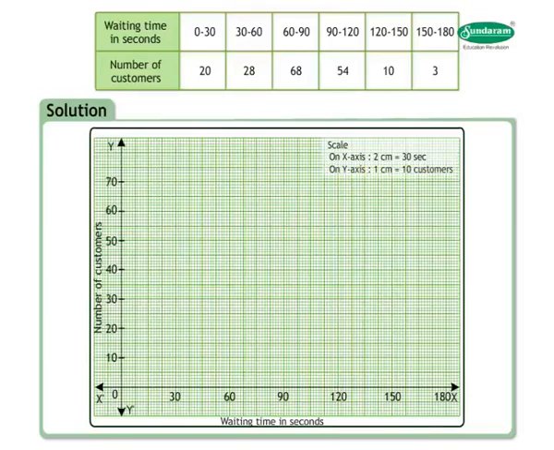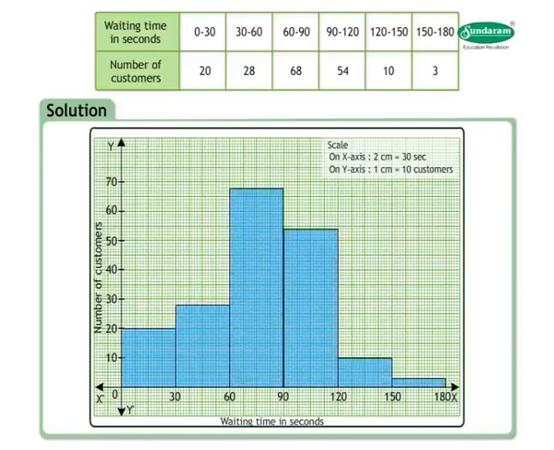We will take scale as 1 centimeter is equal to 10 customers on y-axis. Now, we will draw rectangles on x-axis with base as extended class intervals and height of rectangles proportional to corresponding frequency. This is the desired histogram showing the frequency distribution of waiting time at ATM center.